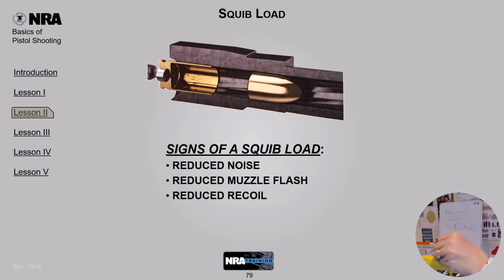That's kind of the idea behind a squib load, because the barrel here is meant for stuff to pass through it, not to have stuff stuck in it and then have the next one come to a sudden stop. So that's why a squib load could be dangerous.